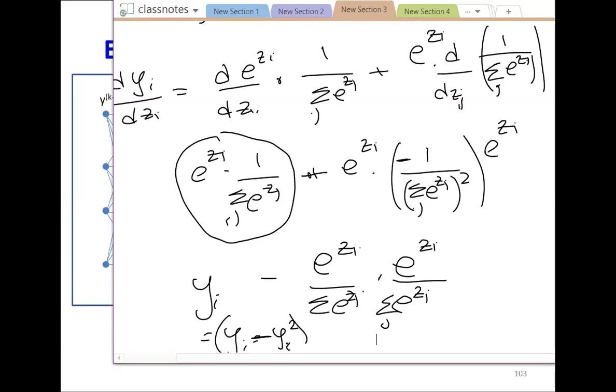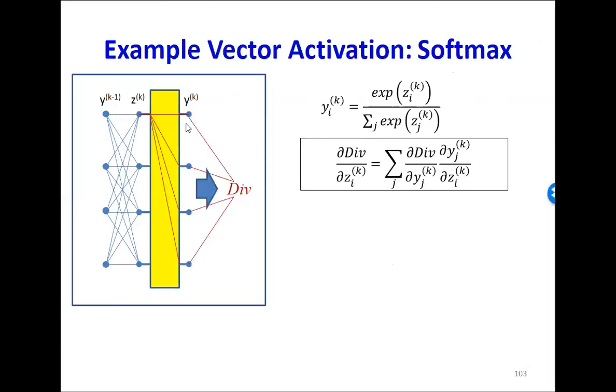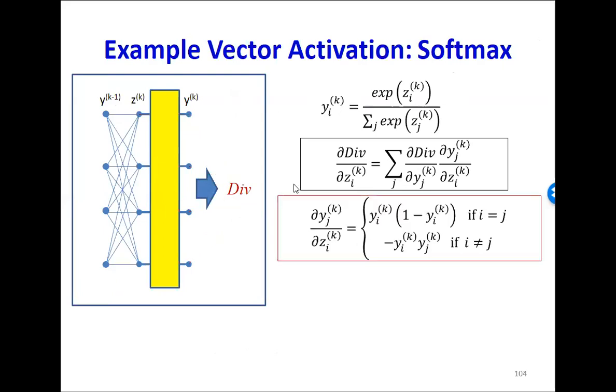So for the diagonal connection, the derivative of yi with respect to zi is yi times 1 minus yi, right? But then if you look at the case where j is not equal to i, how does changing zj change yi?